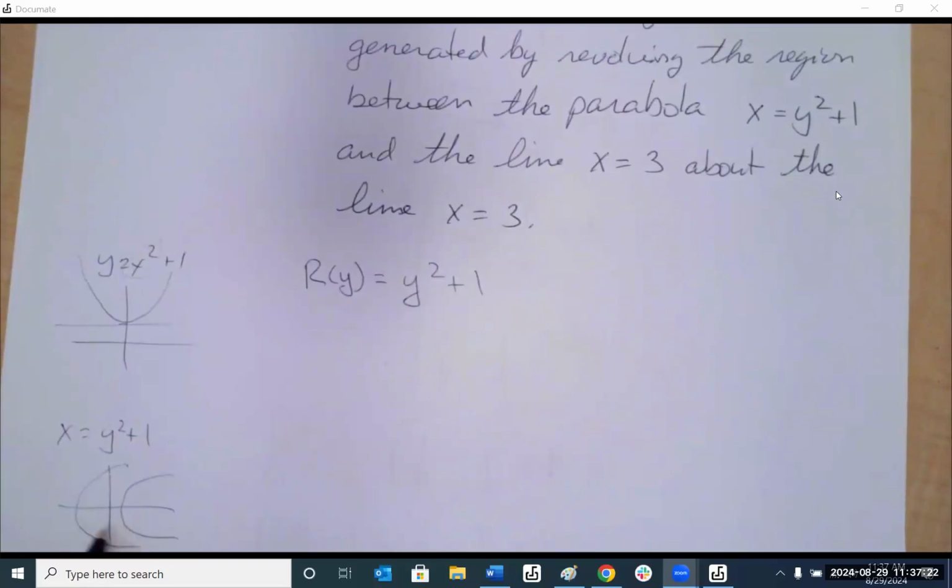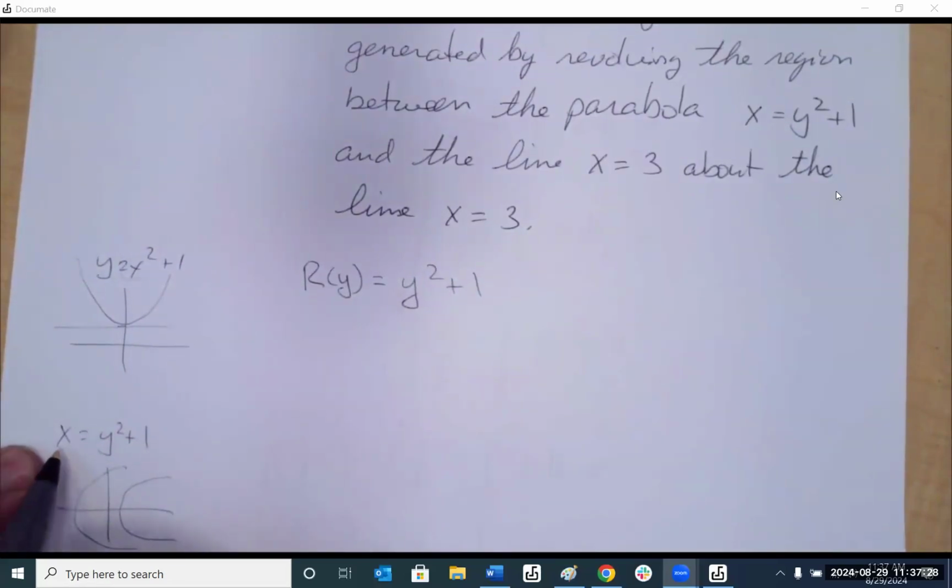Which one did you say, left or right? Because if x is 0, what is y? Y is 1 or negative 1.